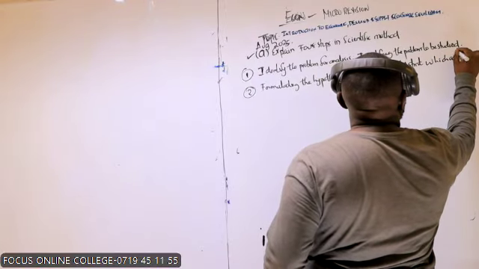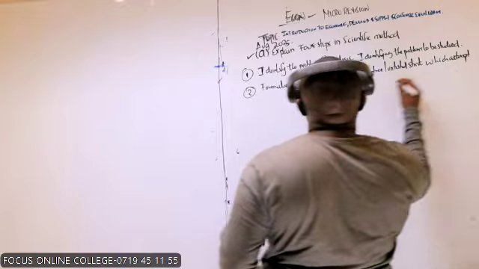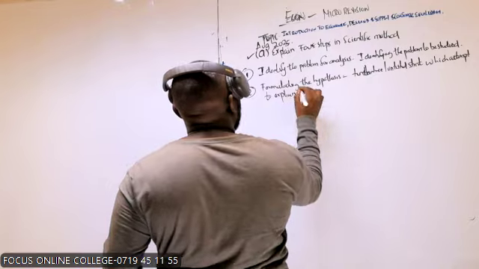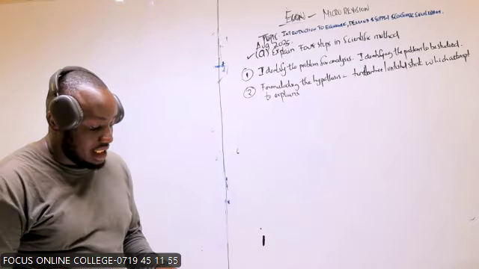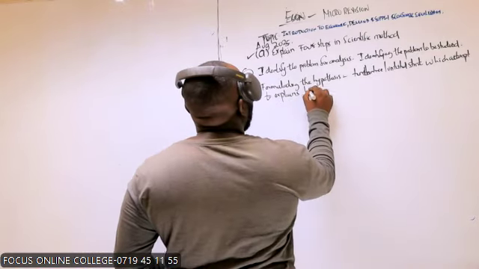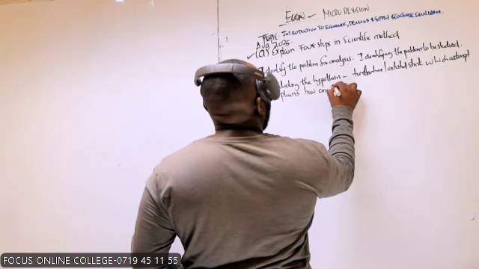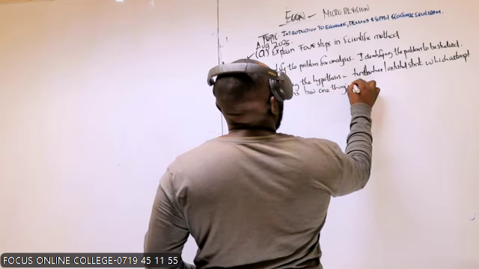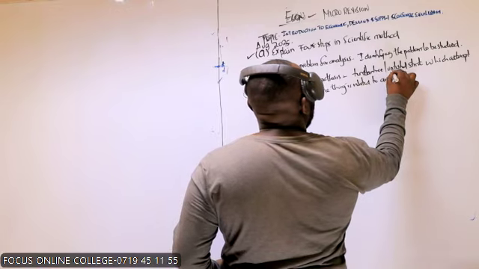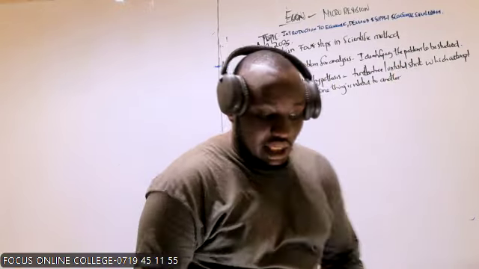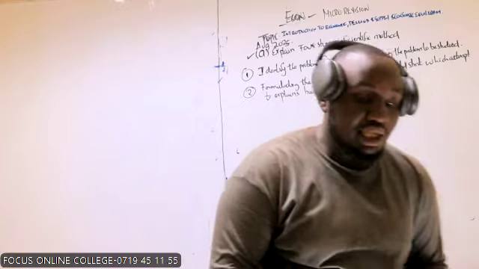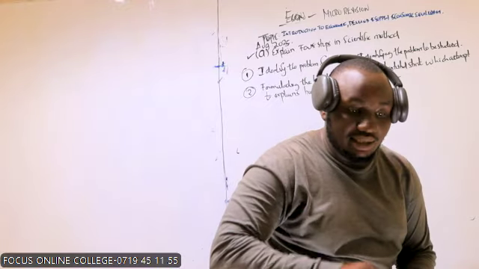which basically attempts to explain how one thing is related to another. So the second is basically to formulate a hypothesis. A hypothesis, I've said, is a tentative statement that explains how one thing relates to another.